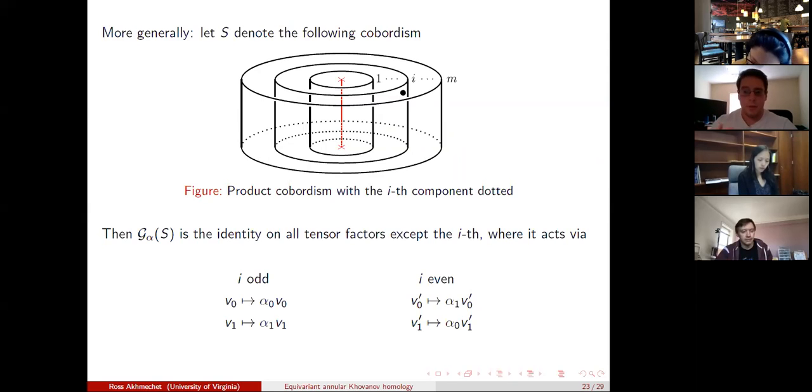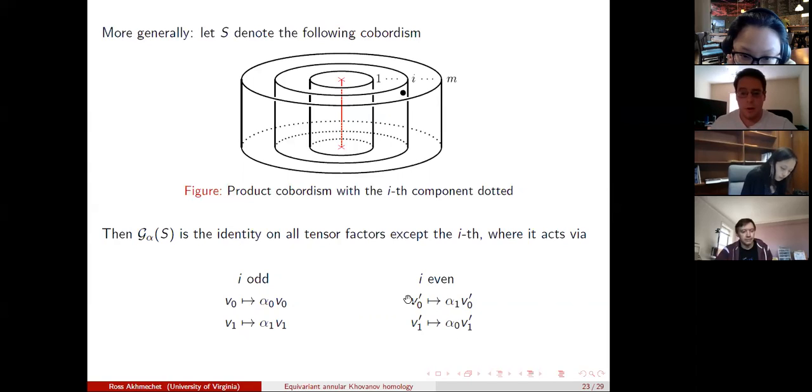And when you compute it on the ith one, it's going to have one of two forms depending on the parity. If i is odd, like if i is equal to 1, that's what we did before. It acts like this: V null goes to alpha null V null, V1 goes to alpha 1 V1. If i is even, this switches.